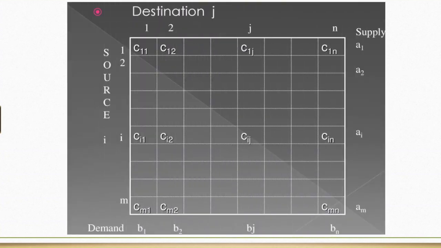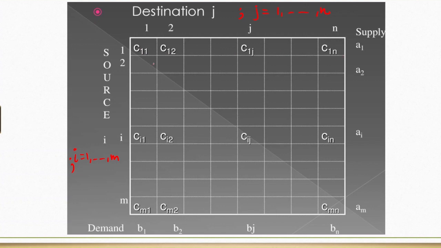This is what it looks like. We'll be formulating it in table format, and above you can see the destinations. So we have J destinations, and the sources are I, going from 1 to M. The destinations are J, going from 1 up till N. Now you can see C11, C12 and so on; the whole thing is sort of a matrix.